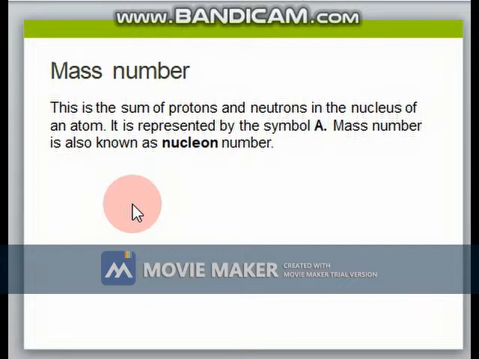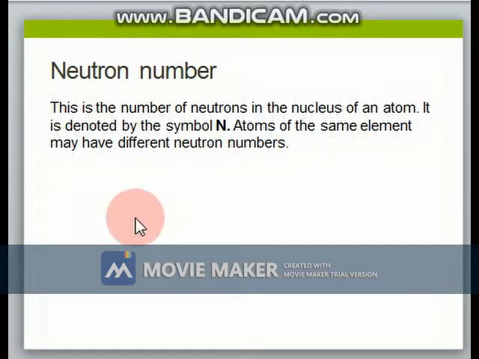So that is the nucleon number. It doesn't matter whether it is a proton or a neutron. The neutron number is the number of neutrons in the nucleus of an atom. It is denoted by the symbol N. Atoms of the same element may have different neutron numbers.